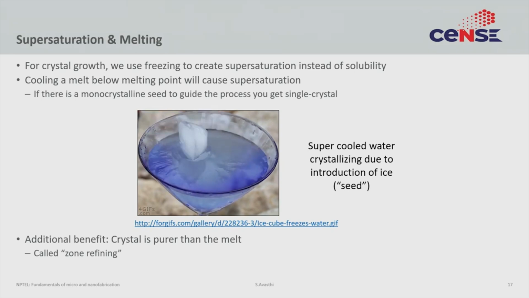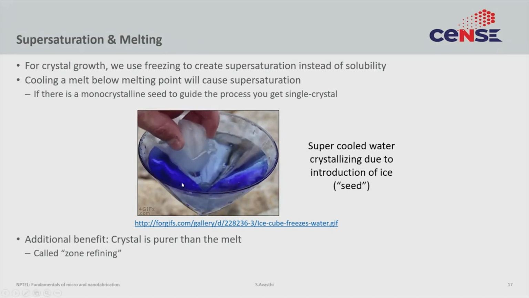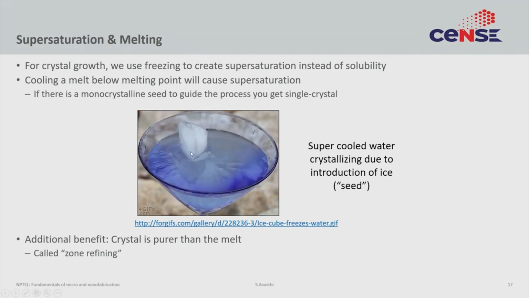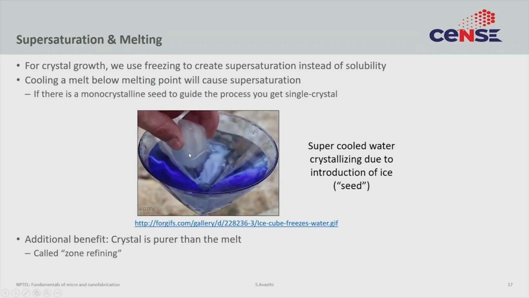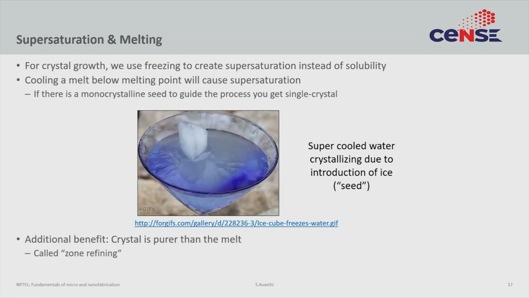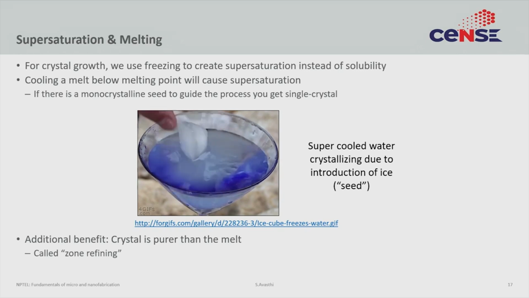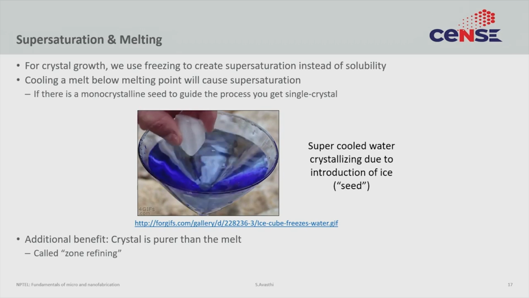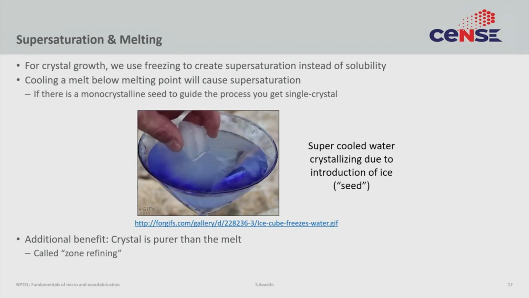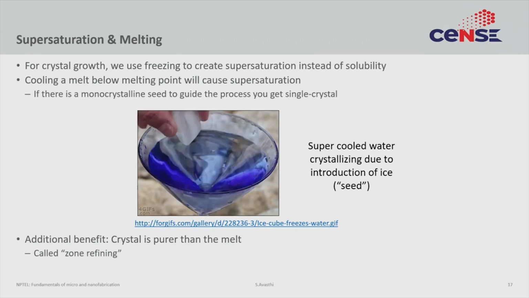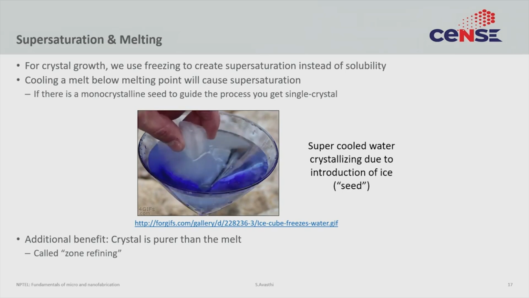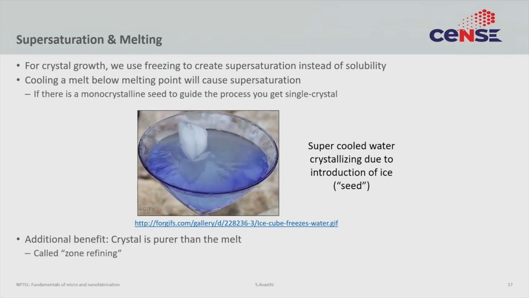So, here, for example, is a GIF where water has been supercooled, and then you introduce a seed of ice, and that seed of ice suddenly creates a nucleation event which makes the whole of the water crystallize into a solid. This is what the Czochralski method is trying to do. The only difference is that in this case the seed is polycrystalline and it's uncontrolled.